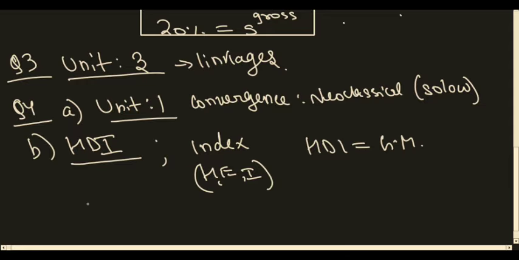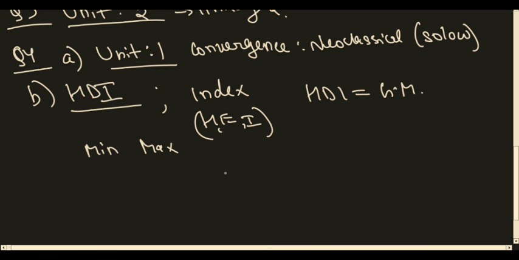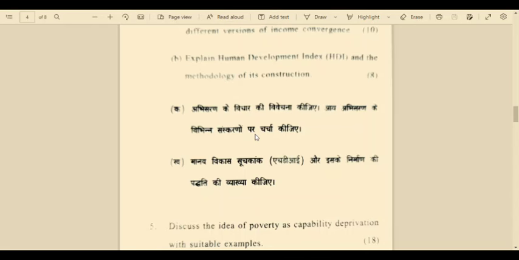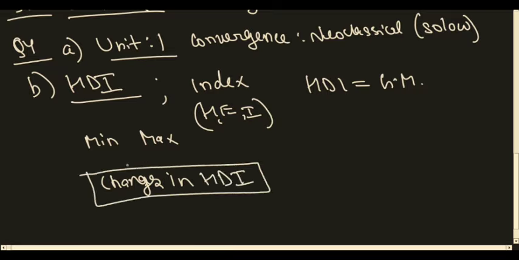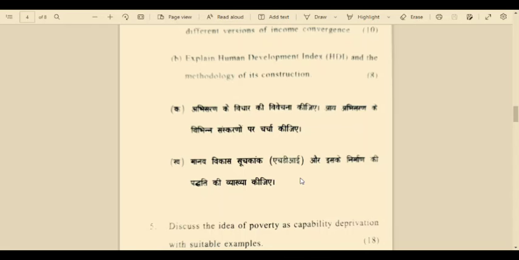You will explain the minimum and maximum values of life expectancy, expected years of schooling, mean years of schooling, and GNI per capita. That is for income distribution. Also, since it is for 8 marks, we have to write good content. So you will write some changes also, which have taken place, changes in HDI calculation, which we discussed in the initial part of our one shot session.